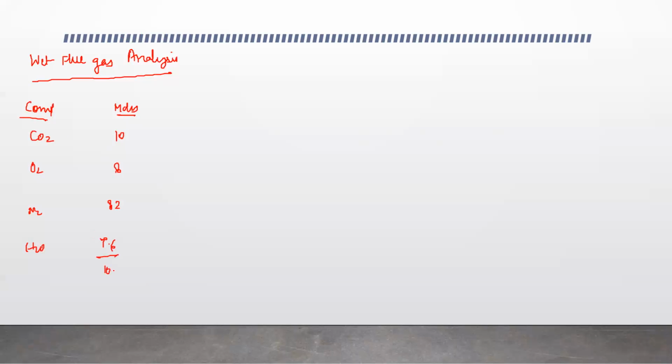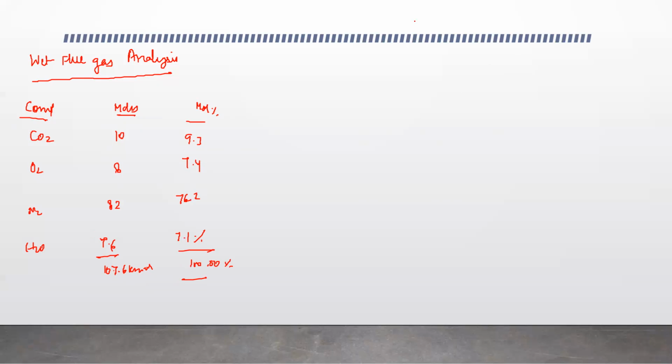So in total we have 107.6 kilomoles. All right, so mole percent is going to be 9.3, then 7.4, 76.2, and 7.1. Right? So when you add, you get 100%.